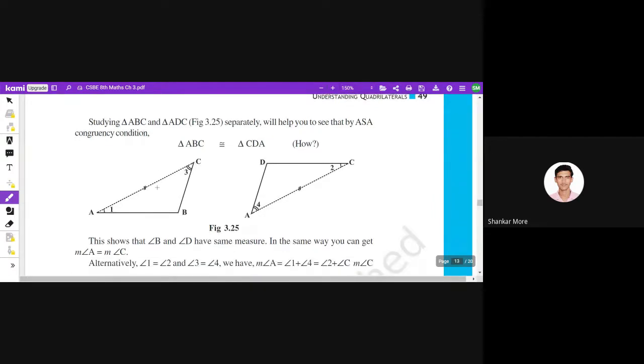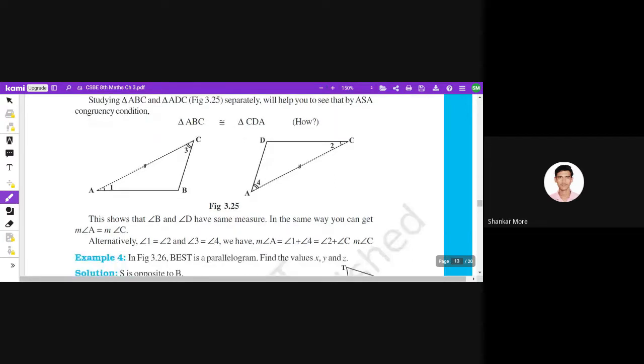So by using ASA, we can say that triangle ABC is congruent to triangle CDA. So this shows angle B and D have the same measure. In the same way, you can get the measure of angle A and the measure of angle C as equal.